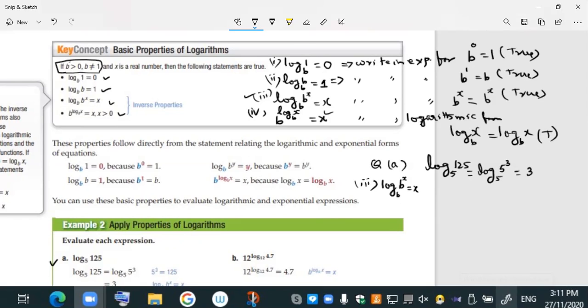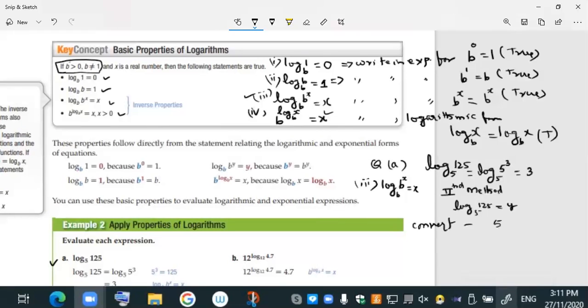But I think the same question we can do by the previous method also. This is the first method where we use the formula; the second method is our previous method. If we do it that way, we take log 125 to the base 5 is equal to y and convert into exponential form.